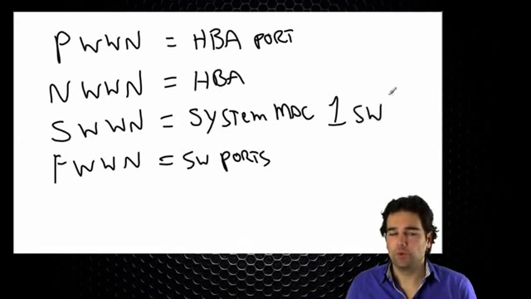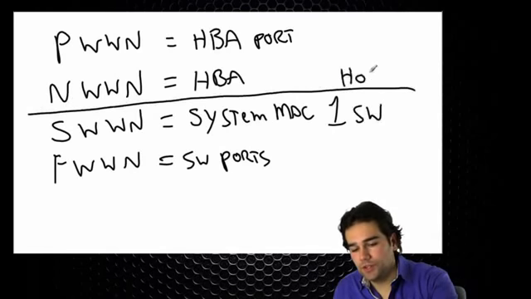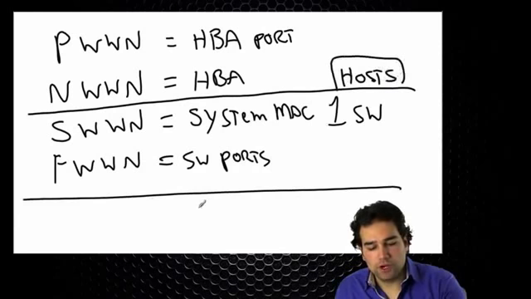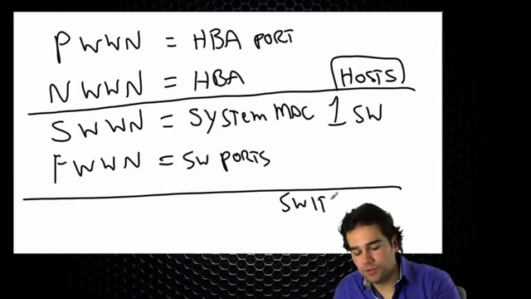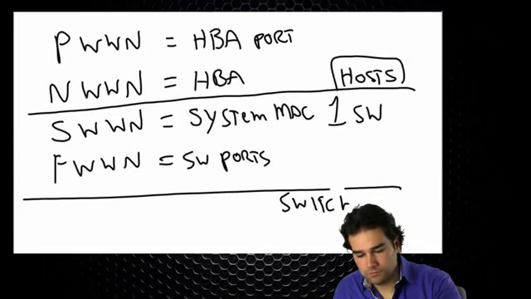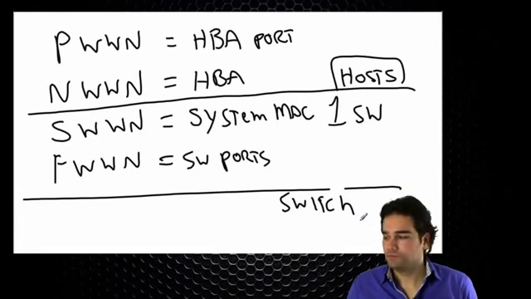So kind of a node worldwide name for the switch. So the top two are related to hosts on the network, and the bottom two are related to switches on the network. Those are my worldwide names.